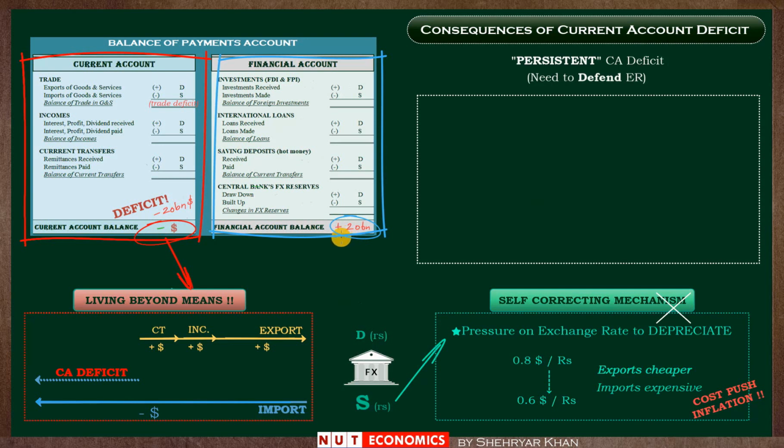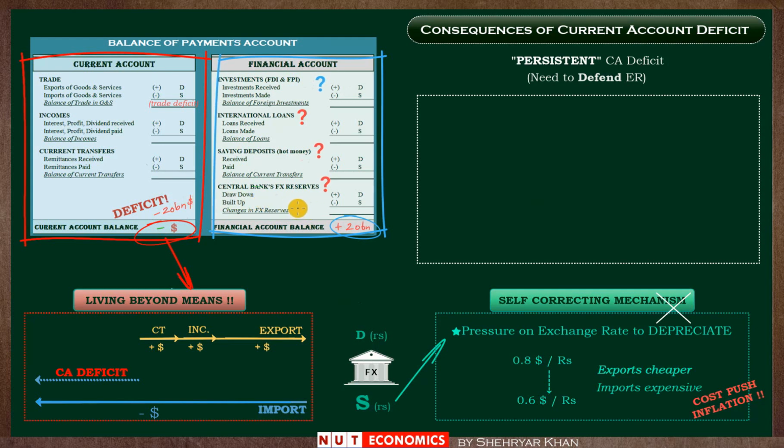But the real issue is not whether there is an overall net inflow into the financial account. As I said, many countries are able to achieve that. They are able to defend their exchange rates. But what really matters is which part of the financial account is attracting those net inflows and therefore financing these current account deficits.